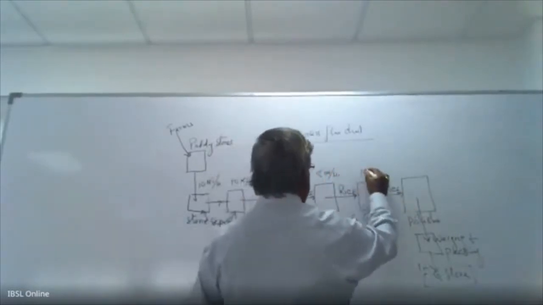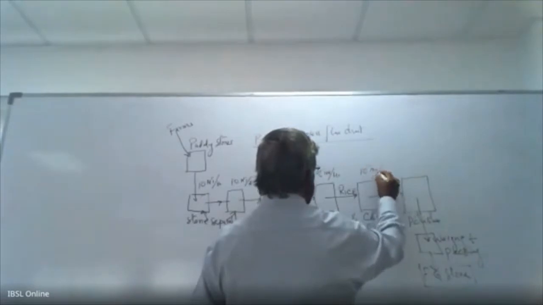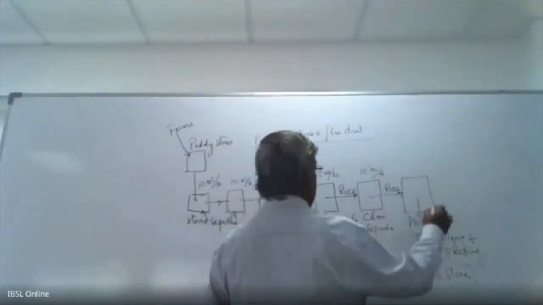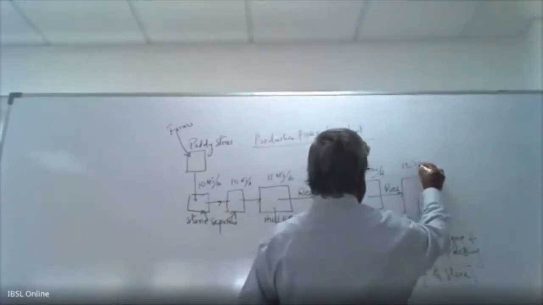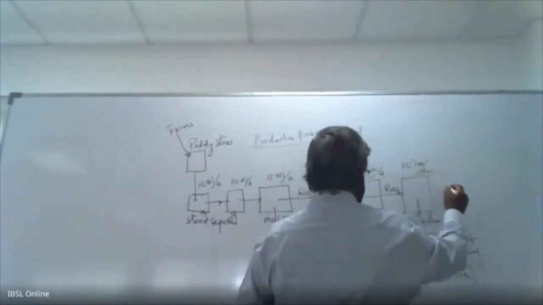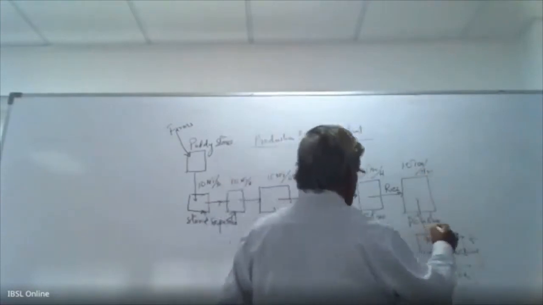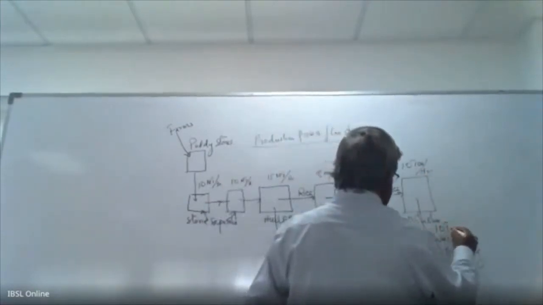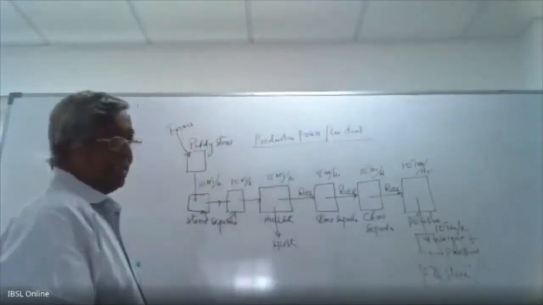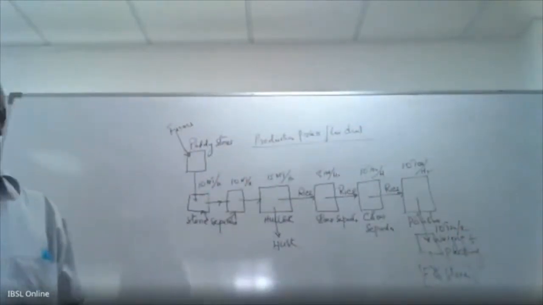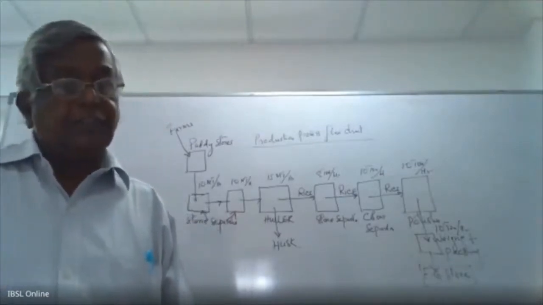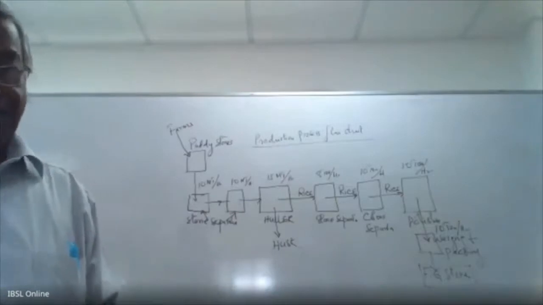This is 10 ton per hour capacity. And this polisher also may be 10 ton per hour capacity, like that. And the weighing packing also 10 ton per hour capacity. These are the capacity, that is the installed capacity of the machinery.